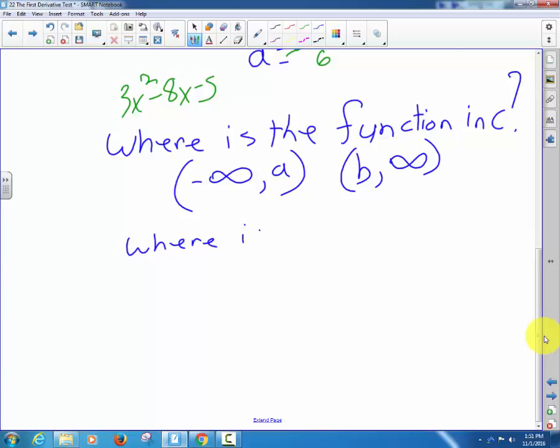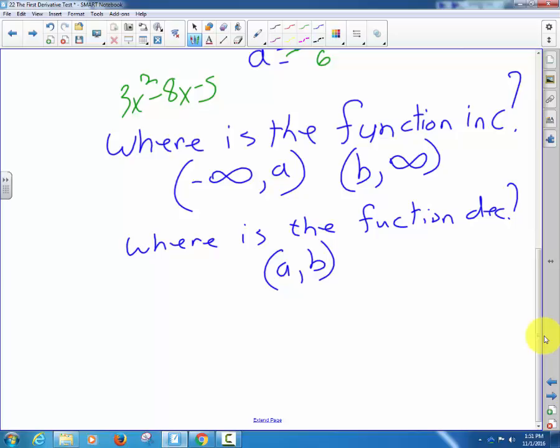Where is the function decreasing? A to B. Notice we didn't put square brackets, did we? Why don't we put square brackets? Exactly. It's not increasing or decreasing at 0. For that moment in time, it's just there.